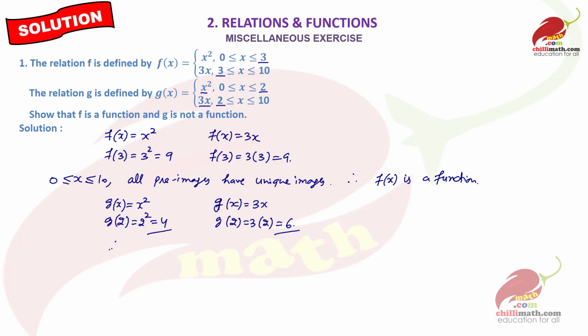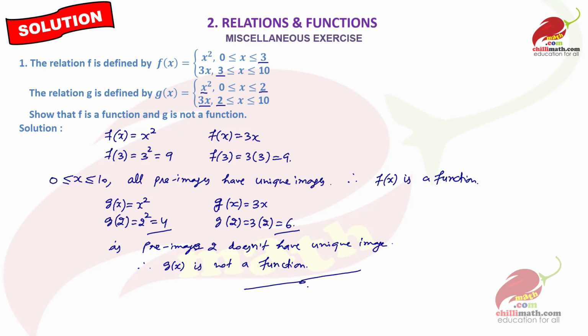Therefore we can say that pre-image 2 doesn't have a unique image, therefore g(x) is not a function. So that's it.